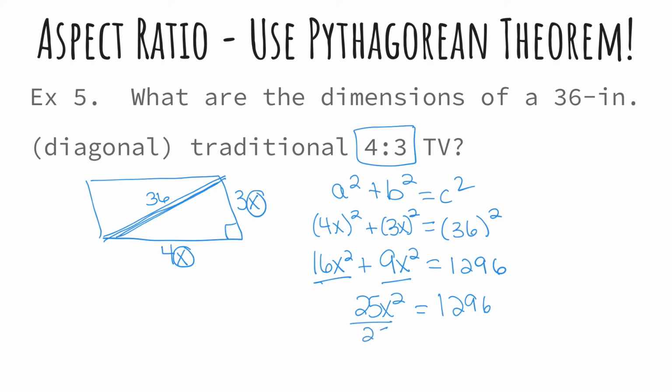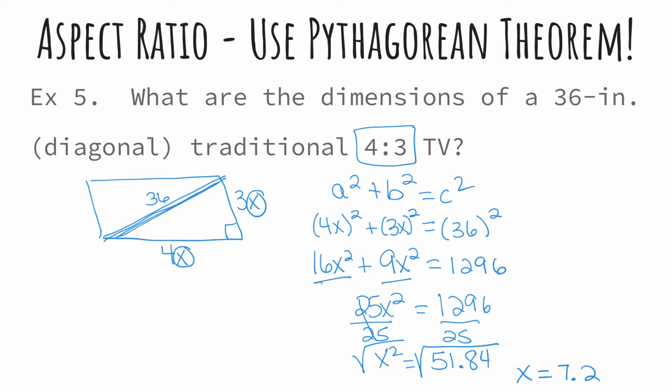If I divide by 25, I get x squared equals 51.84. And then if I take the square root of that, you get x equals 7.2.